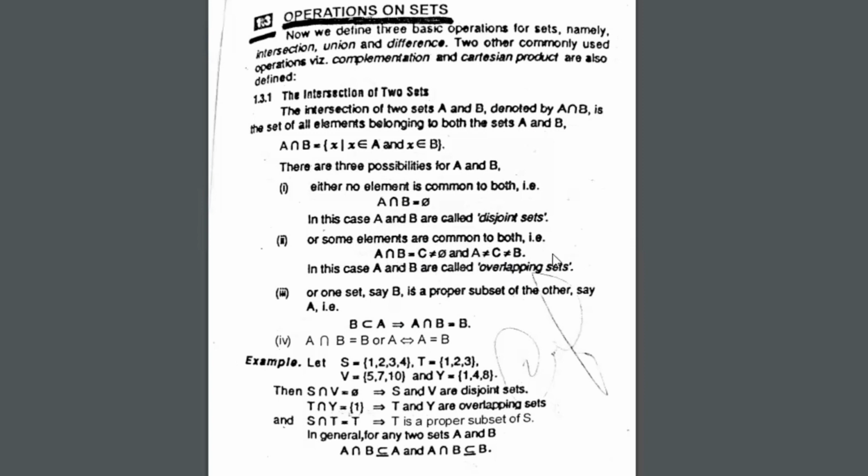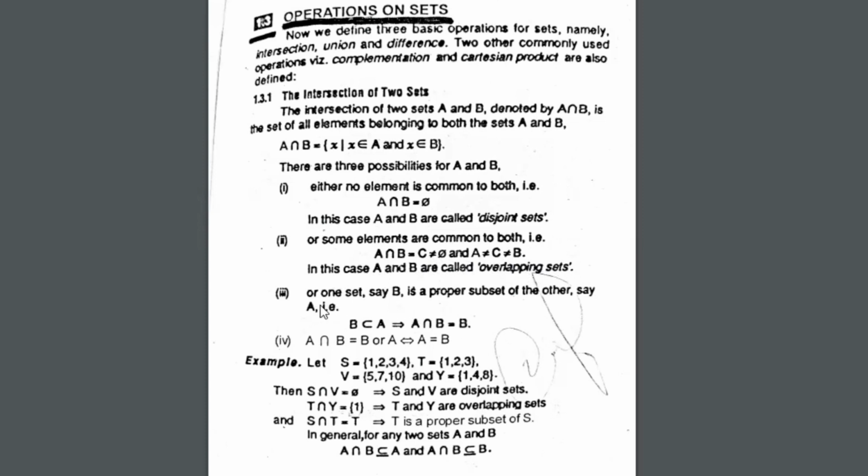That is the example we saw before, where we take the common elements in both of them. In this case A and B are called overlapping sets. In the previous tutorial we talked about overlapping sets in detail with examples.